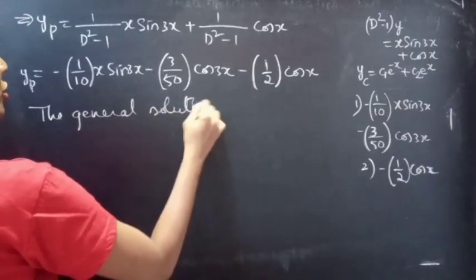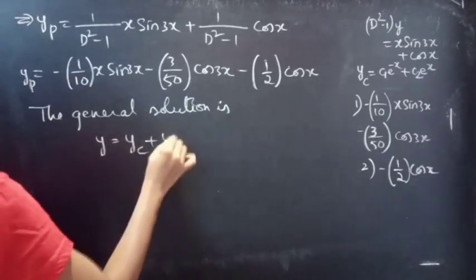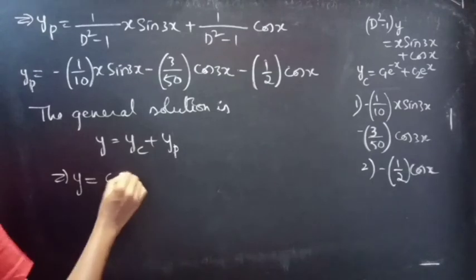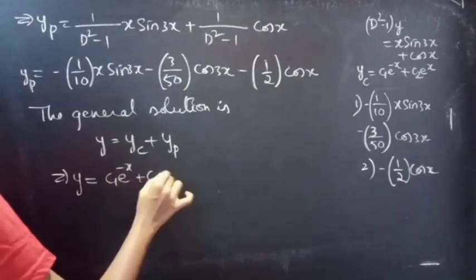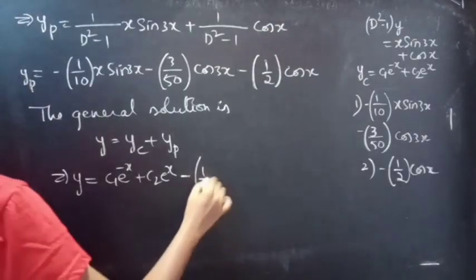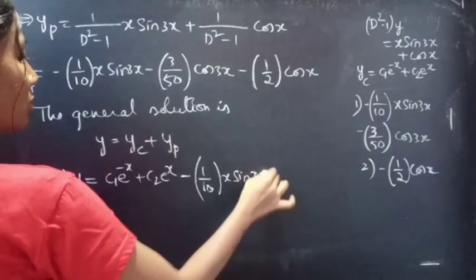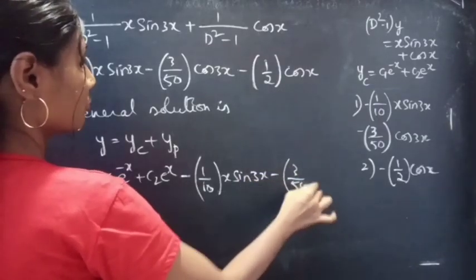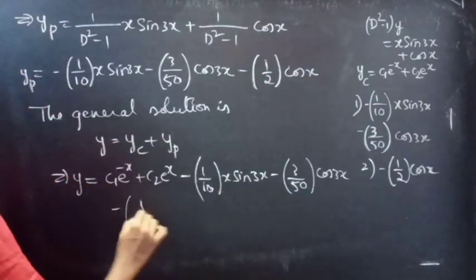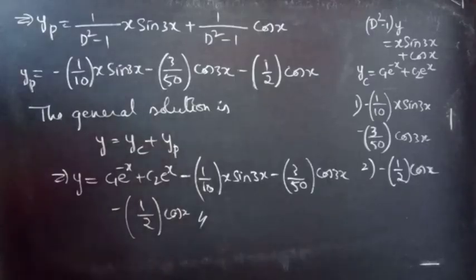The general solution is given by y equals yc plus yp. Then y equals, for yc we have c1 e power minus x plus c2 e power x, and yp is minus of 1 by 10 x sine 3x minus of 3 by 50 cos 3x minus of 1 by 2 cos x. This completes the problem.